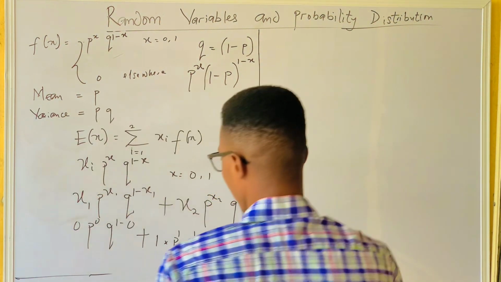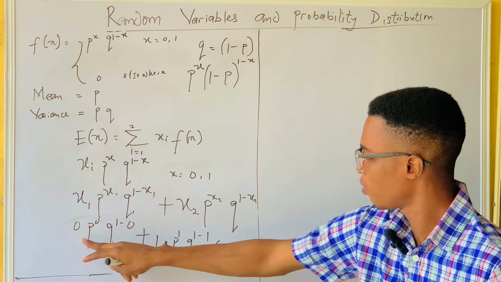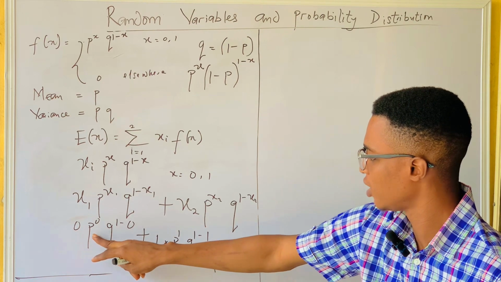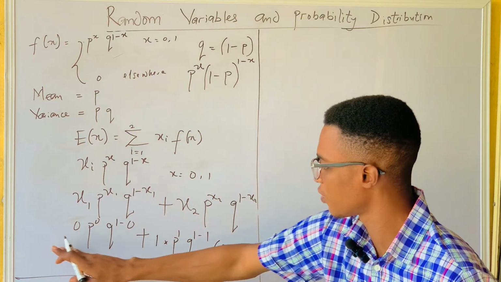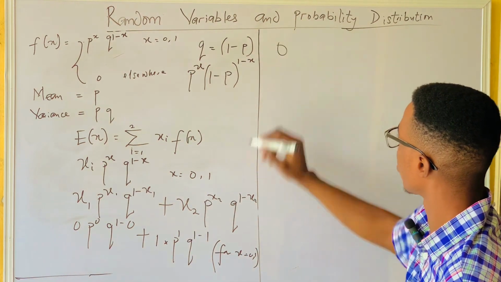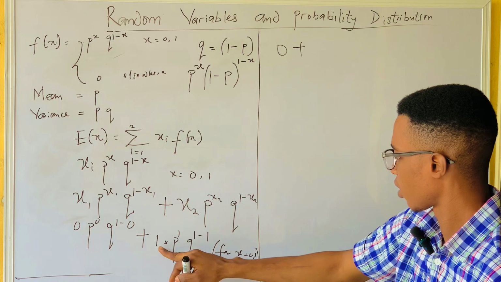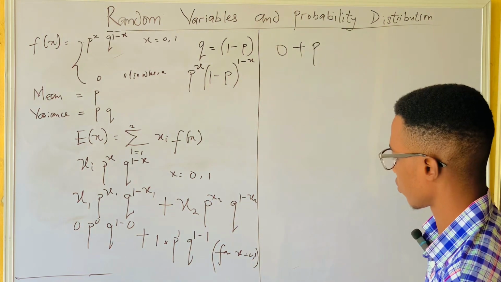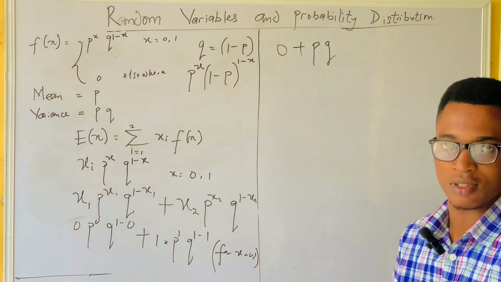So all we need to do here is to multiply through by 0. Of course, 0 multiplied by this will give us 0. Multiplied by this will give us 0. Everything here gives us 0. We have 0 plus 1 multiplied by p to the power 1, we have p. q^(1 minus 1) will give us q to the power 0.